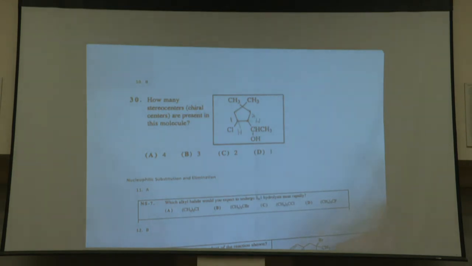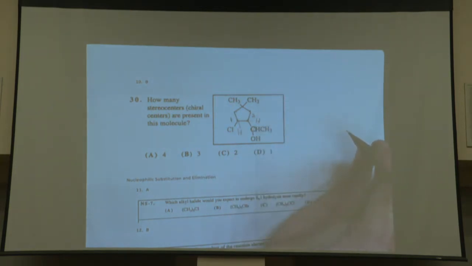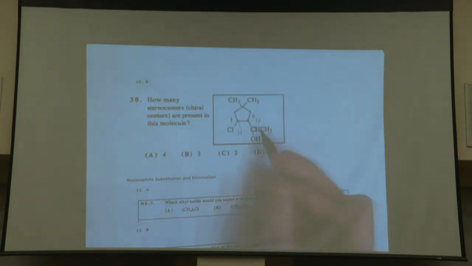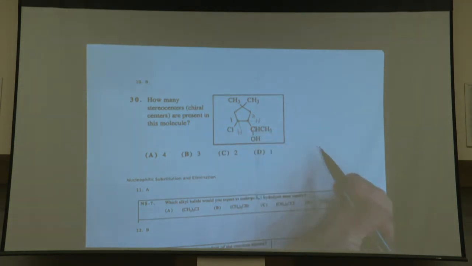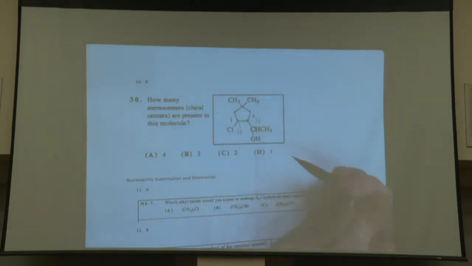And then actually, we have this carbon right here, which has this H attached to it. It has this CH3 attached to it. I know they wrote it like that to kind of trick you up. It has this carbon over here attached to it, and it has an O attached to it. So it also has 4 different things going on.